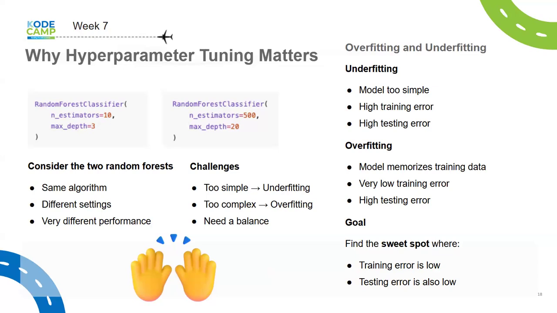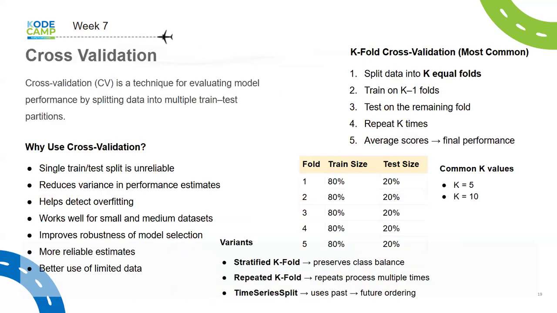Now, the other thing that we talk about is cross-validation. When you're comparing different models, there's what we call cross-validation. It's a technique that you use for evaluating model performance by splitting data into multiple train test partitions. Cross-validation is a way for you to eliminate skews, biases, right?